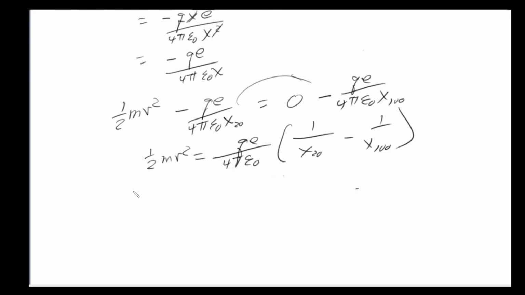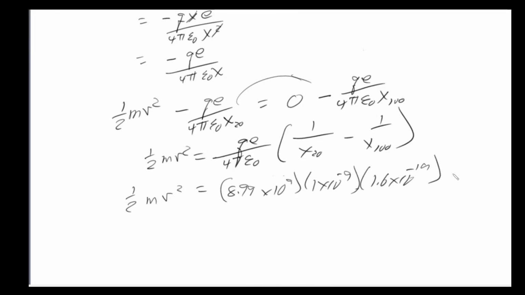So now we can put some numbers in such that 1/2 mv squared is equal to 1 over 4 pi epsilon sub 0, which is 8.99 times 10 to the 9th, times q, which is 1 times 10 to the minus 9th, times e, which is 1.6 times 10 to the minus 19th, times 1 over x at 20, which is 20 centimeters, or 0.2 meters, minus 1 over x at 100, which is simply 1 meter, so that's 1.